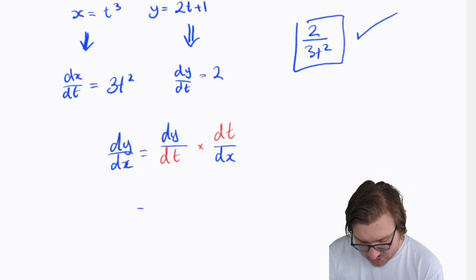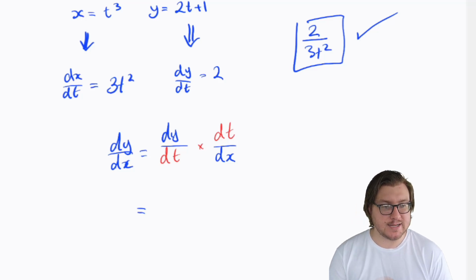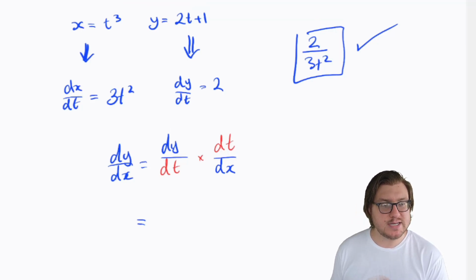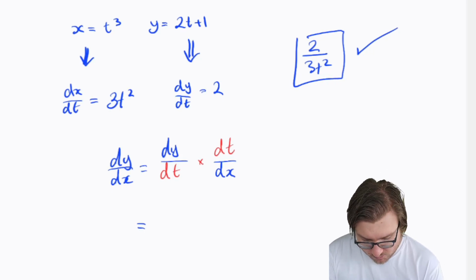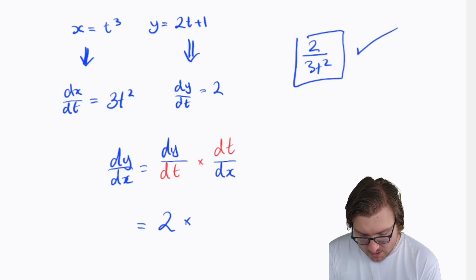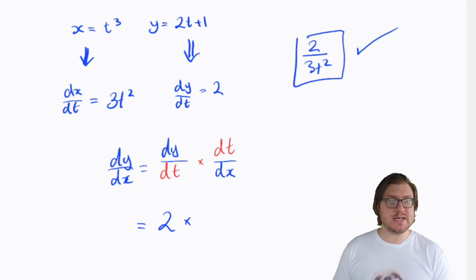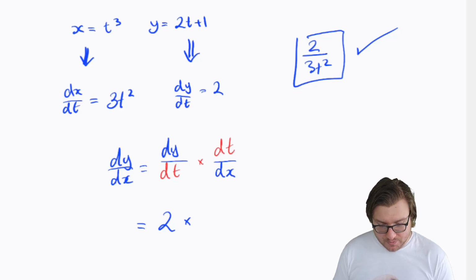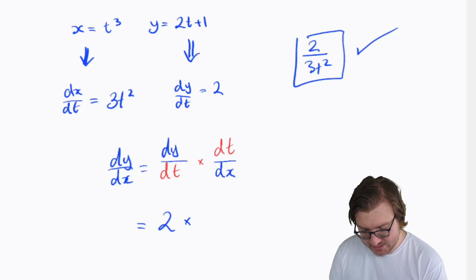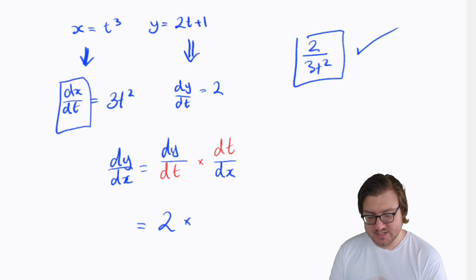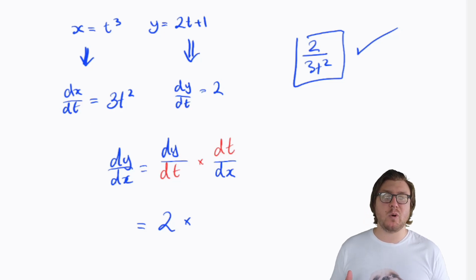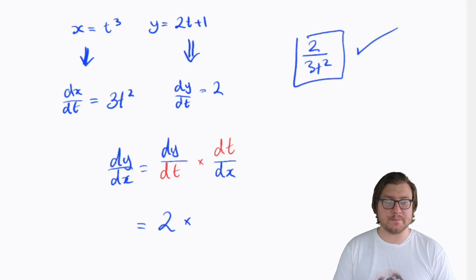So let's put these in. So we get the derivative dy/dx is going to be dy/dt. Well, dy/dt was 2, and we multiply this by dt/dx. But we don't have dt/dx. We only have dx/dt. And this is why it's so important to write it the correct way.